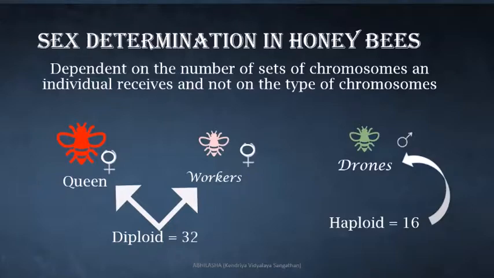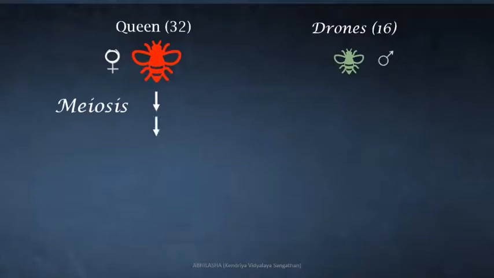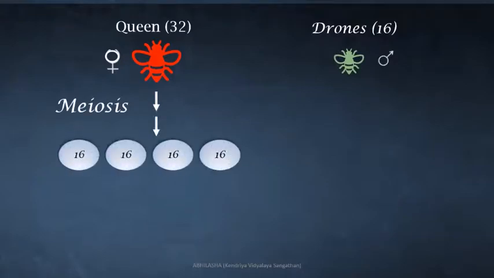Now, how does this happen? The queen lays the eggs. These eggs are formed after meiosis. So, they become haploid with 16 chromosomes. The drones, which are males, will form the male gamete. Now, these are already haploid, so they don't need to undergo meiosis. They form sperms by mitosis in their germ cells.